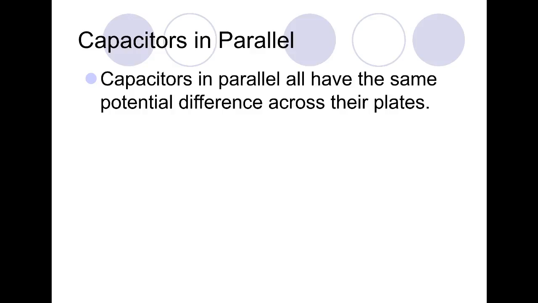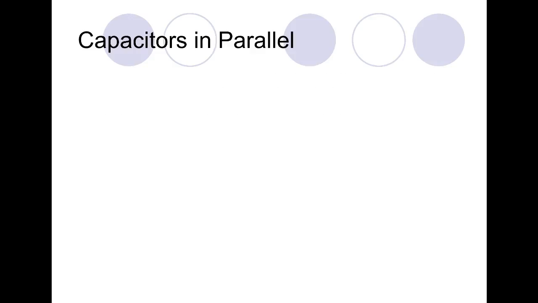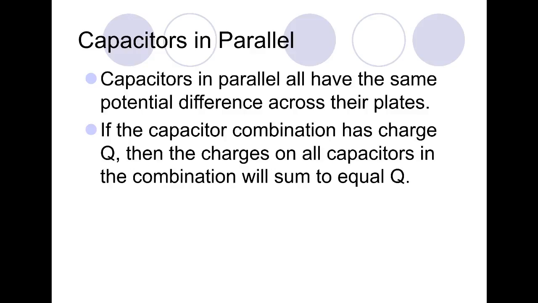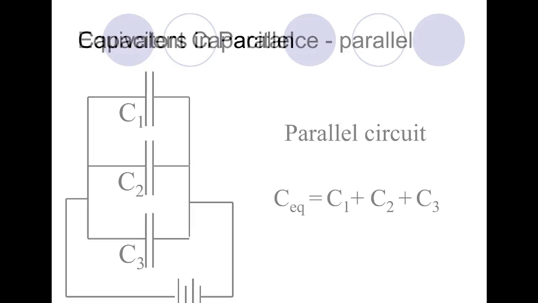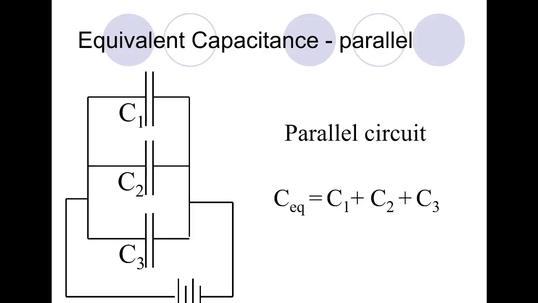Well, first of all, capacitors in parallel all have the same potential difference across their plates, meaning that if I go back to this picture and you think about this as a charge going through this circuit, well, it has three choices.